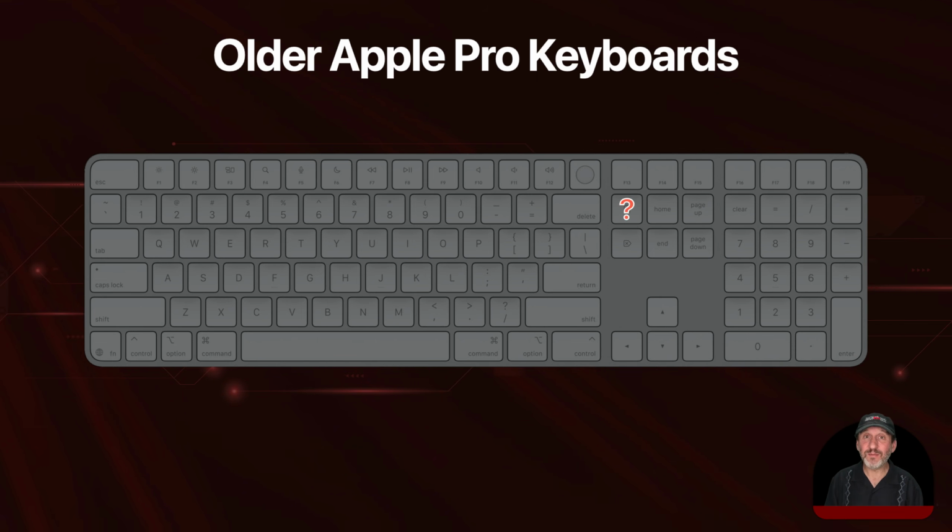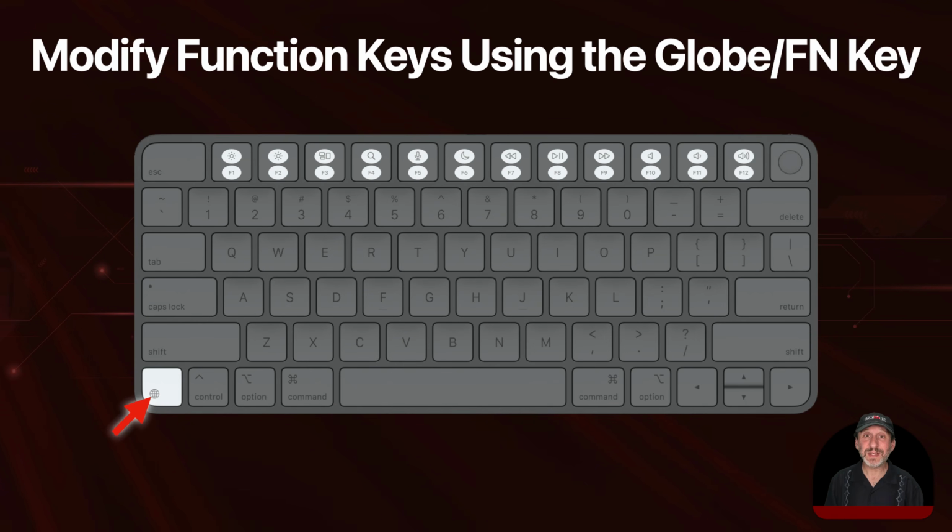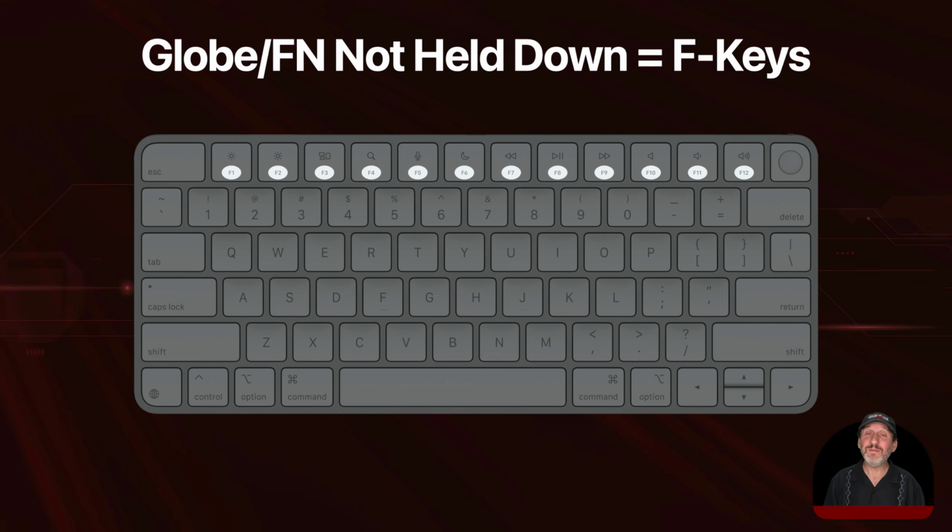So regardless of where the key is on your keyboard, the general idea is when you press and hold this key down, it changes what these function keys do. So for instance, by default, if you don't hold the globe or FN key down and you press one of these function keys, it will send the F1, F2, or F3 signal to your Mac, and you can use that as a keyboard shortcut in different apps.